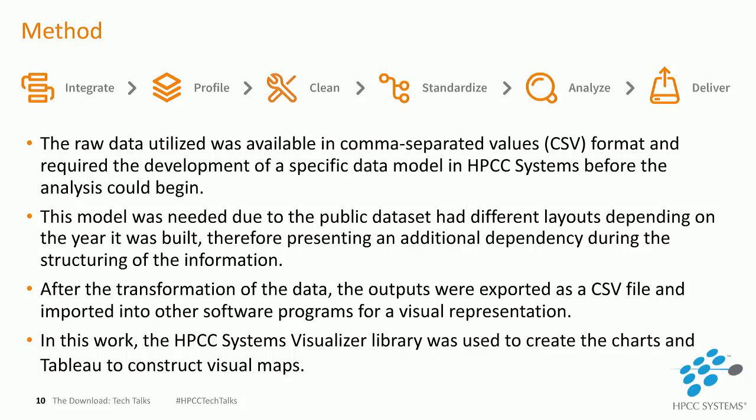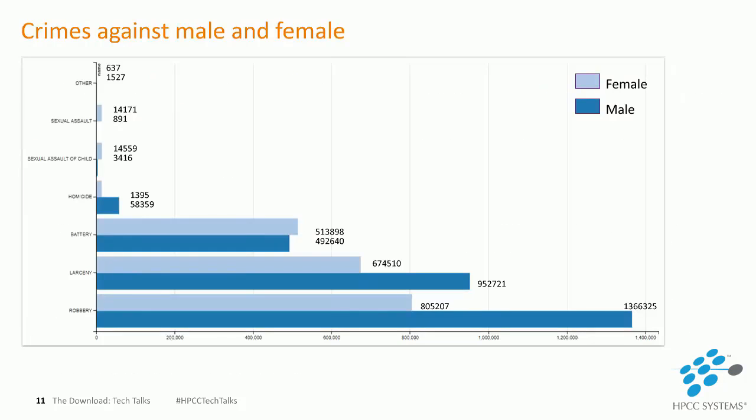So here we are going to start talking about the crime patterns found during this work. The first one we have is crimes against male and female. In this chart, information from every year available in this work was used. Basically, in São Paulo State, we can see a major number of robberies against males and a major number of larceny against females.